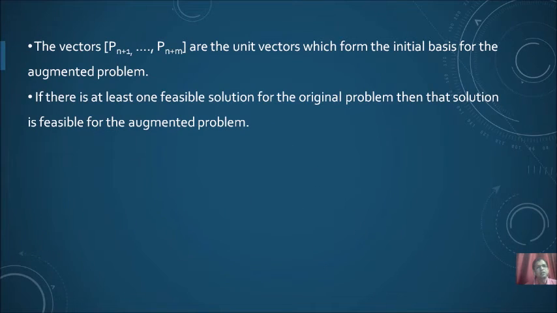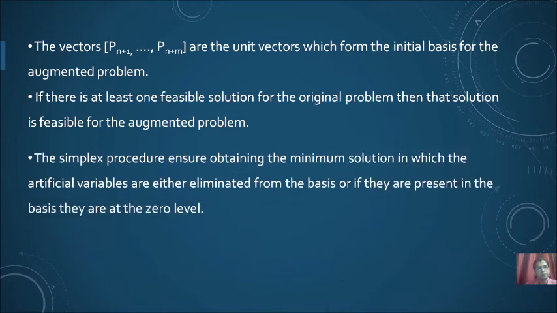If a feasible solution exists for the original problem, then it will be a feasible solution for the augmented problem also. That means the solutions of both the original problem and the augmented problem are the same.